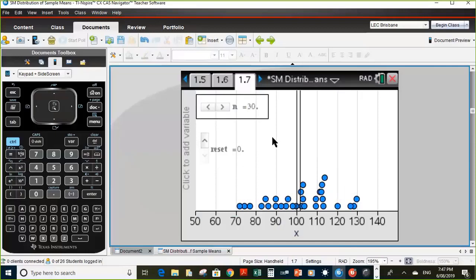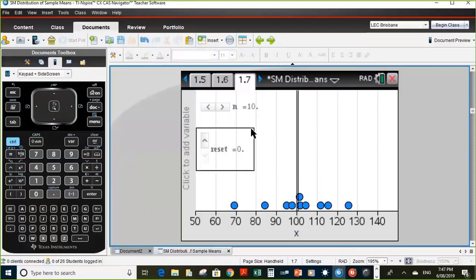The other nice thing about this page is I have a reset button. So by clicking on there, it takes you back to a sample size of 10. And what's really interesting, if we look here, with a population mean of 100, we've got a 69.04 here as one of our values, and similarly a 125.615. So it does fluctuate quite a bit.